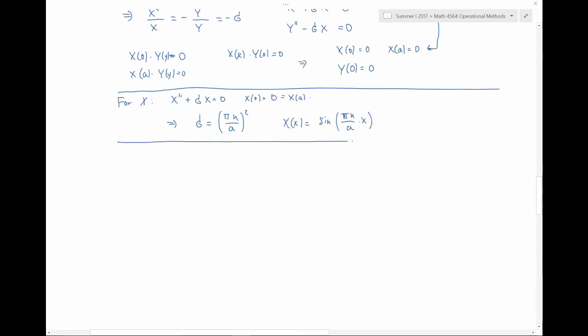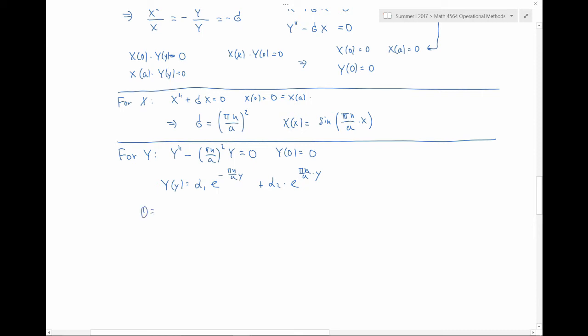This leads to the following problem for Y. We get that Y double prime minus (pi n over a) squared times Y should be 0, and Y of 0 should be 0. Solving this differential equation gives us that Y of y must be some constant, call it alpha 1, e to the minus pi n over a y plus alpha 2 times e to the positive pi n over a times y.